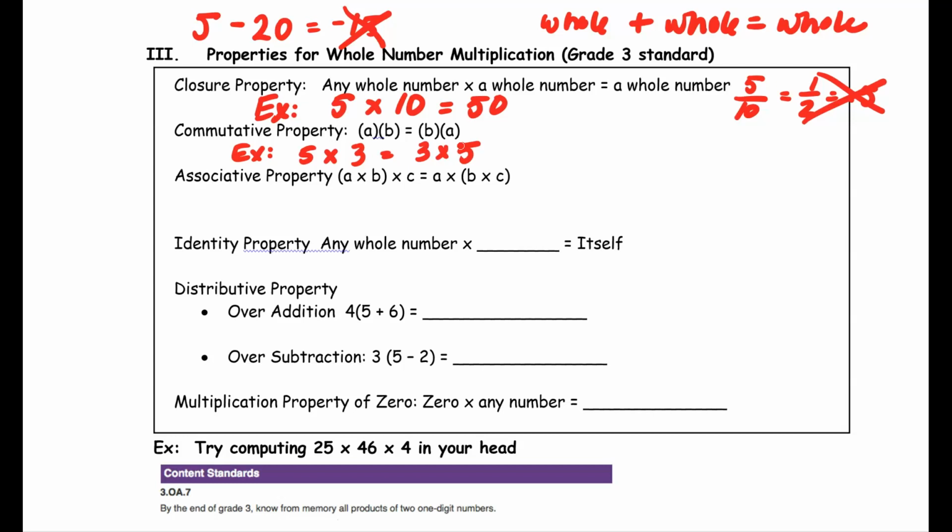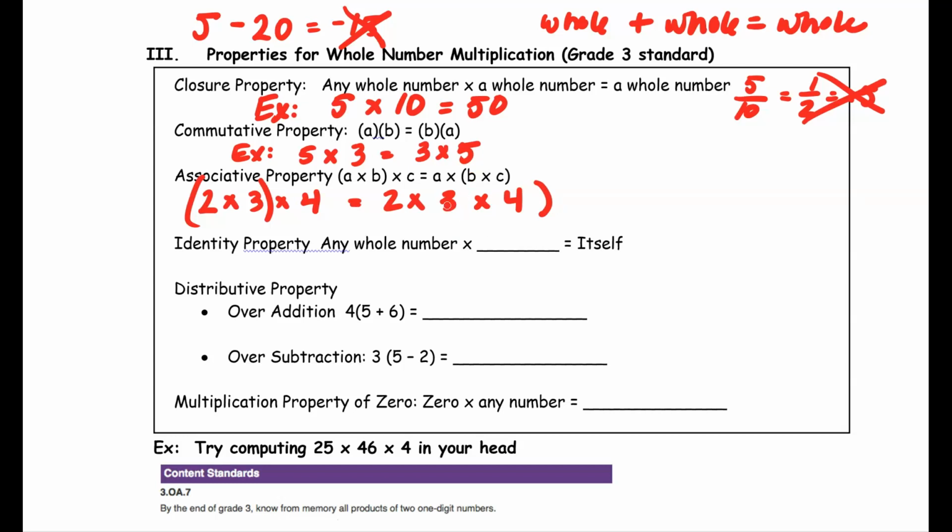Associative property means that the parenthesis placement does not impact the answer. So notice A, B, C, these variables or numbers are in the same location. So that would be like me saying, let's do 2 times 3 times 4, but let's go ahead and put the parentheses around different spots and see if we get the same answer.